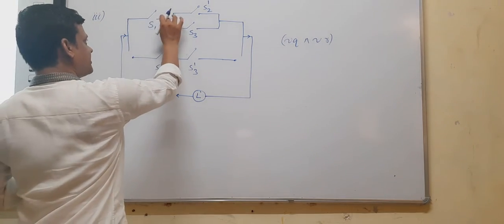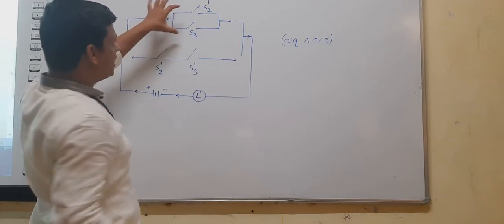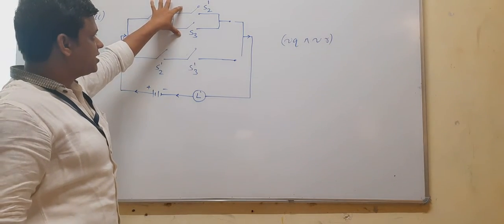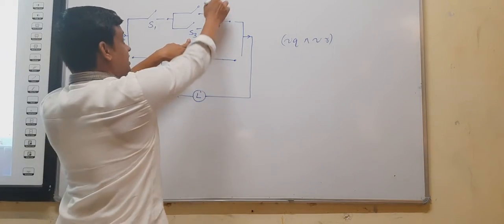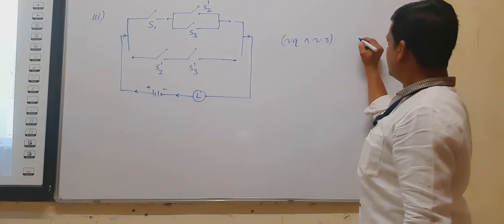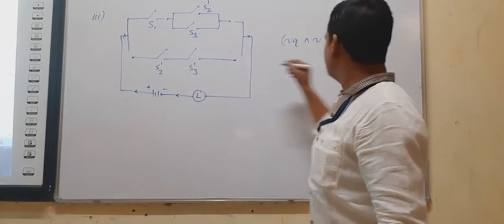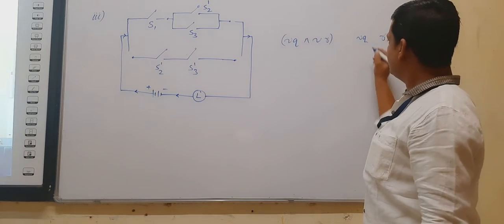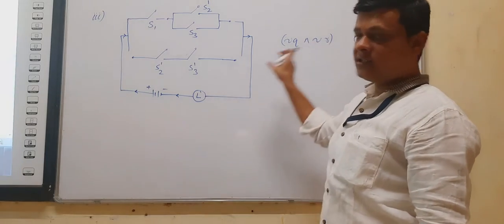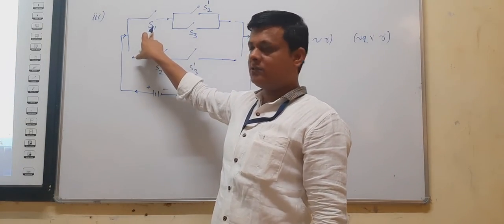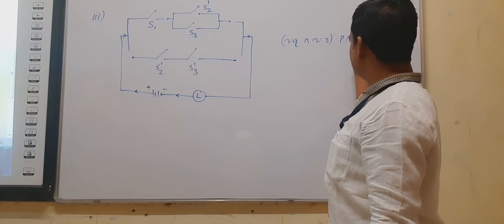If I disconnect this, we get a parallel combination for these two switches, S2 dash and S3. I write it first. S2 dash, that means negation of Q, in parallel combination with S3. S3 is represented by R. Parallel combination means OR R. Now this circuit is in series combination with S1. That means for S1 we write P, and in series combination we write AND.